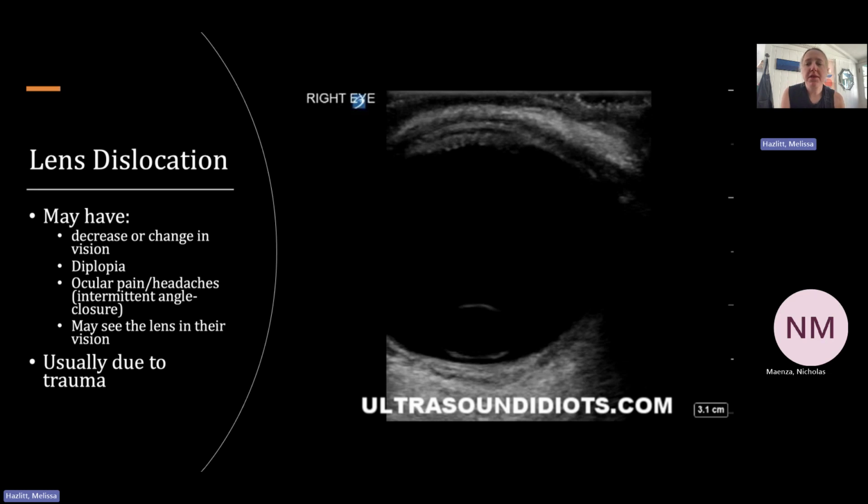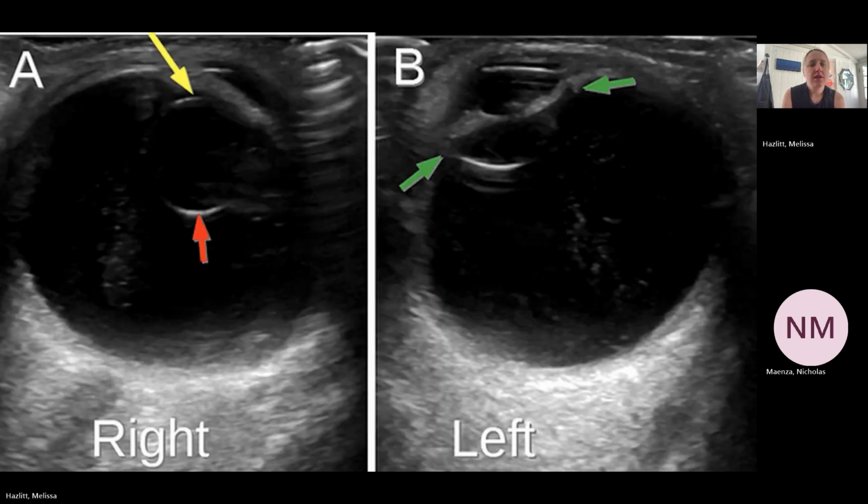It's usually due to trauma, but sometimes it can be a complication, either right afterwards or much, much later, of cataract surgery, or somebody that's had retinal or vitreous surgery in the past. And then people that have connective tissue disorders. So you can see here that there's some variability to the degree of subluxation or dislocation.